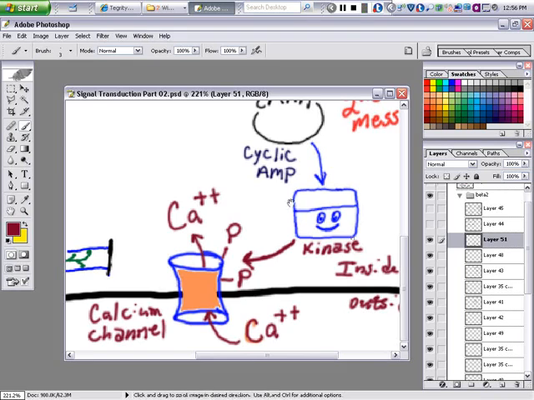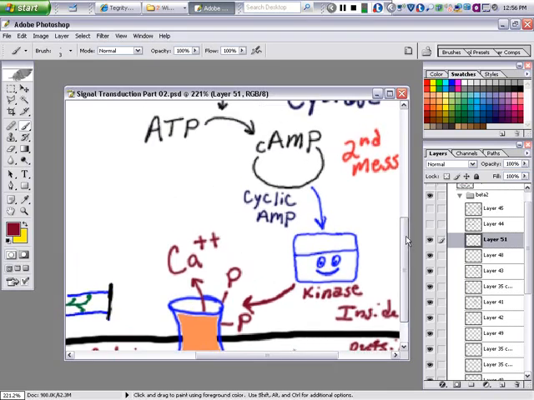Okay. Scientists decided, since this protein is phosphorylating another protein, we call this a protein kinase. And scientists said, let's just call this protein kinase something.